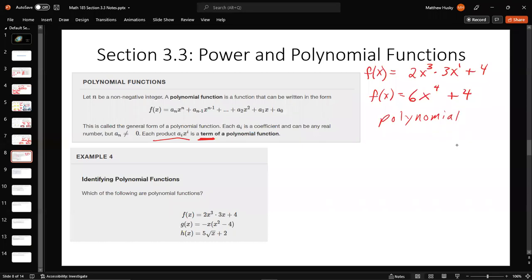One thing I should mention, as I have not done so yet, there is one catch about polynomials, which is that you must have whole number powers.